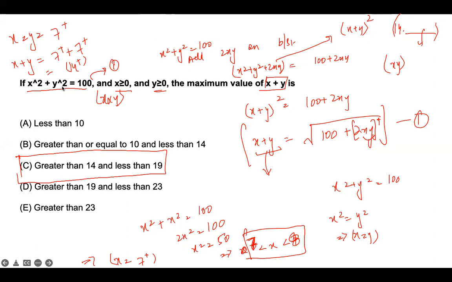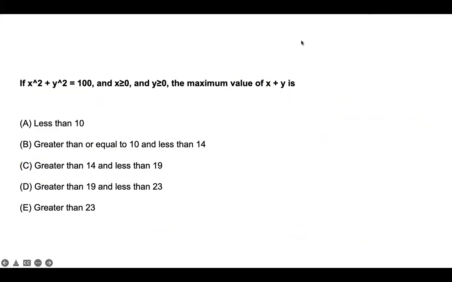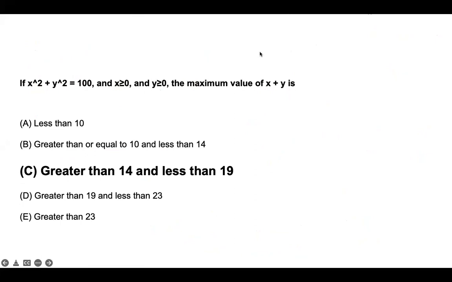And likewise, if you make this maximum and this minimum, this will again be 0 plus 10, which is equal to 10, not maximum. So you will get a maximum value when x is approximately equal to y. In only that scenario, you could have a maximum value of x into y. That's why the answer to this is some value greater than 14 and probably less than 19, right? And the answer to this is the option C.